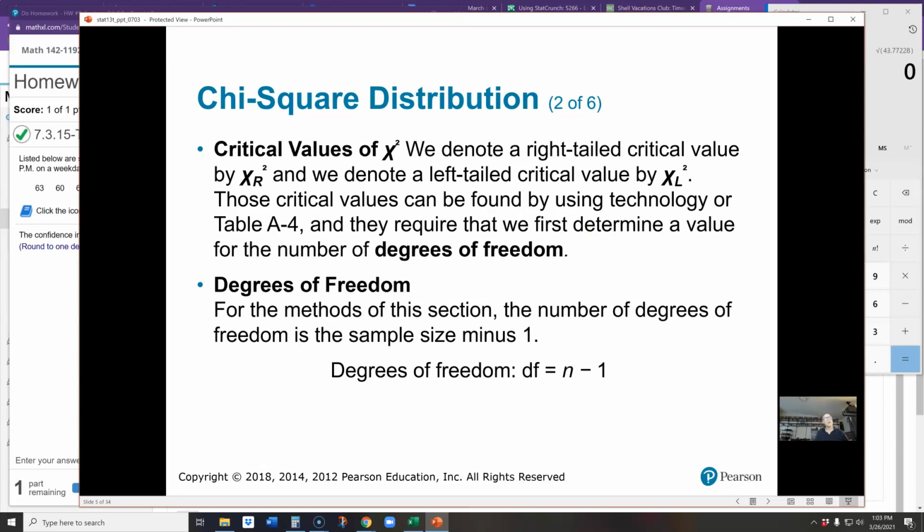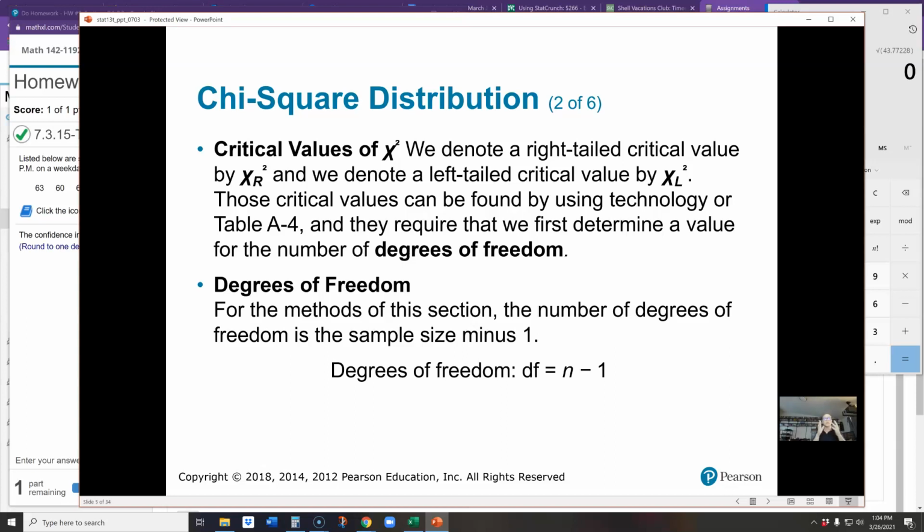Well, like we had with the t-distribution, the size of your sample matters and comes into play in the distribution shape itself. And so we define this degrees of freedom, and just like with the t-distribution, the degrees of freedom is 1 less than the sample size. And you may recall that the t-distribution varied slightly in its graph based on the degrees of freedom.